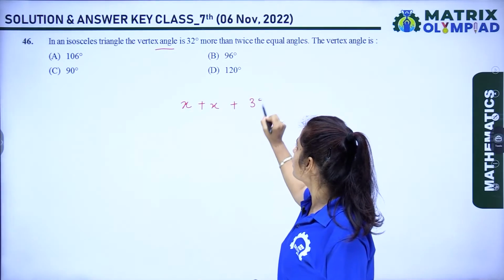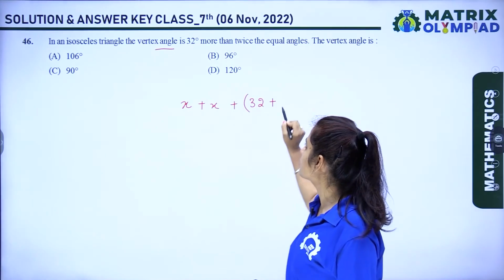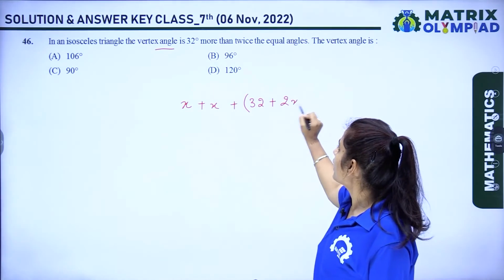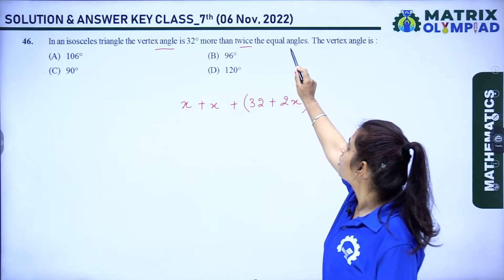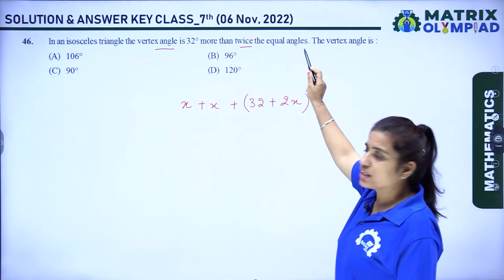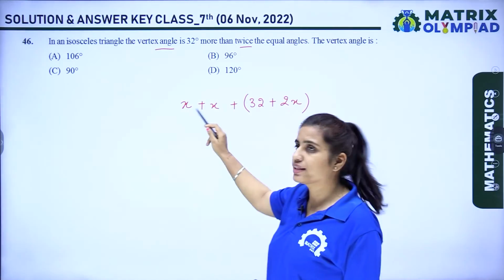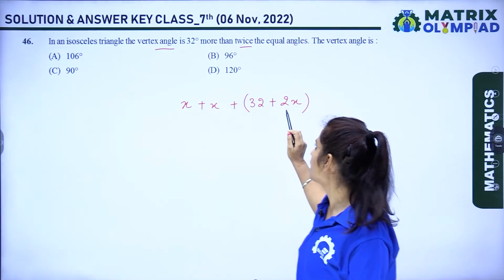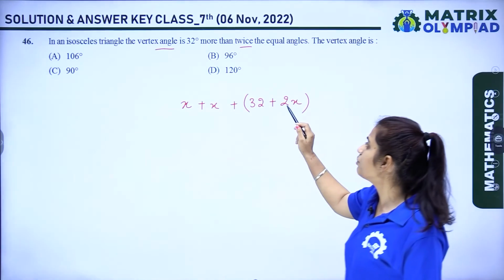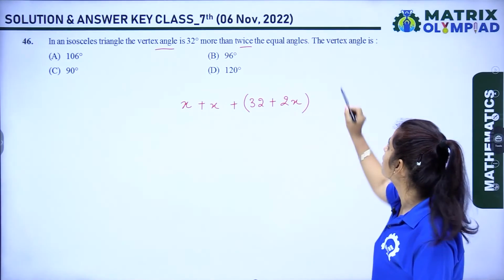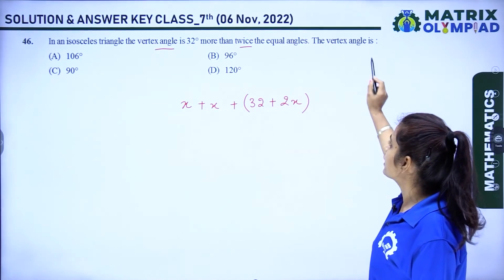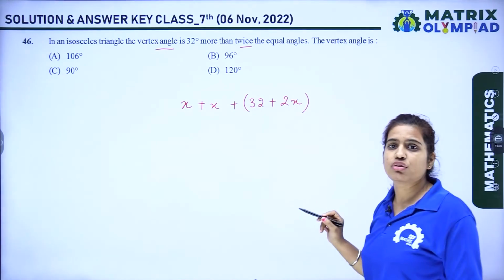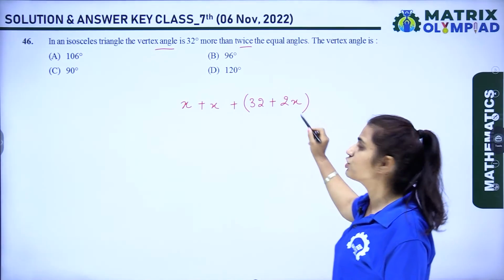So here 32 more than means plus 2x. 2x is twice the equal angle, meaning the equal angles are x plus x. So here twice the equal angle means 2 multiplied by x. So we have to find out the value of the vertex angle, that is 32 plus 2x.